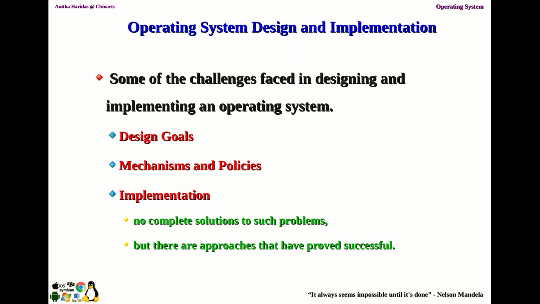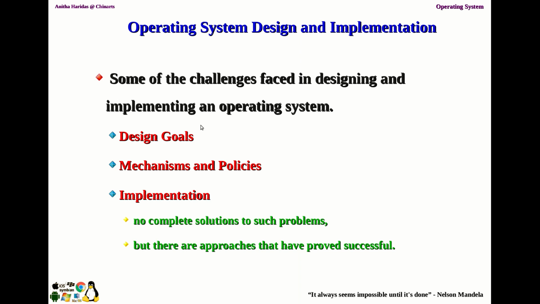The three very important challenges you will be facing are how to set the goals for your operating system, what are the different mechanisms and policies that you are going to use, and the implementation, how you are going to implement the design goals, right? So these are the three very important challenges you will be facing.